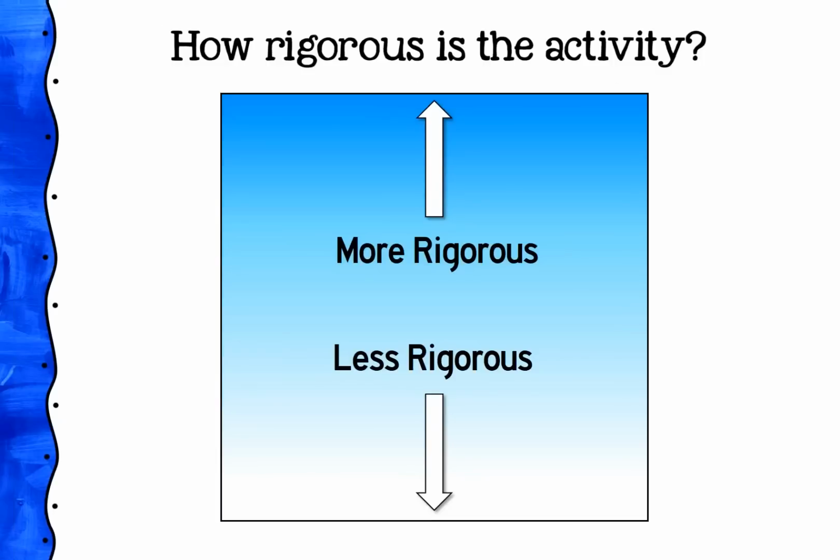And I'd like to do a quick visual to help you think through it, or to share with you what I was thinking. I like to think about rigor being on a scale. If you look at this square, the dark blue area is more rigorous, the light area is less rigorous.